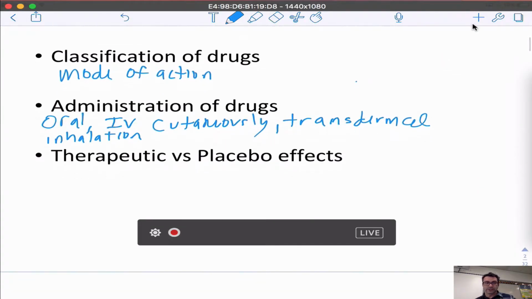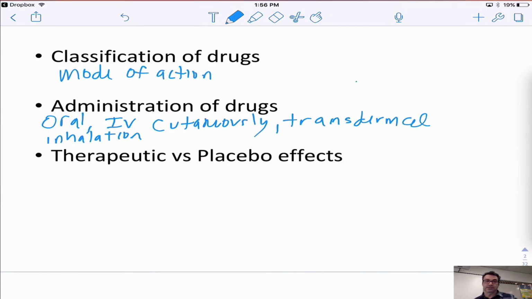Inhalation is another way, with Flonase and other antihistamines, and anti-asthma drugs as well. So these are just some of the ways to administer a drug, and you should be familiar with them in case they mention them on the IB exam.